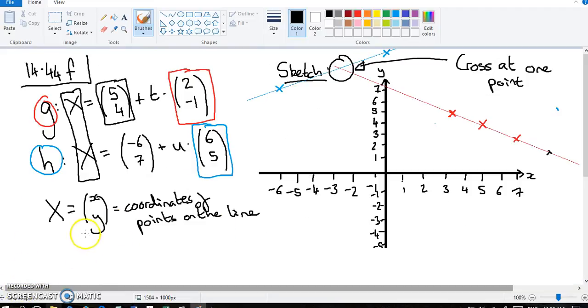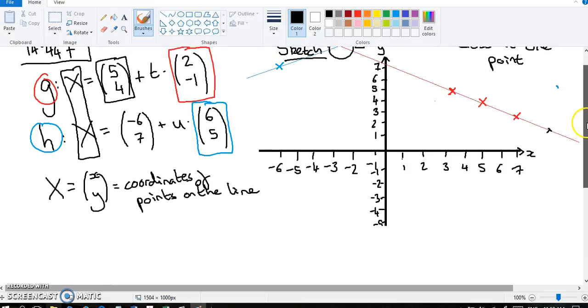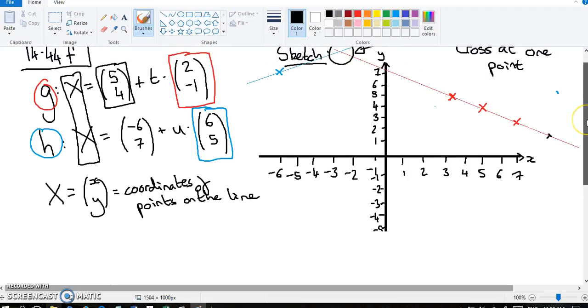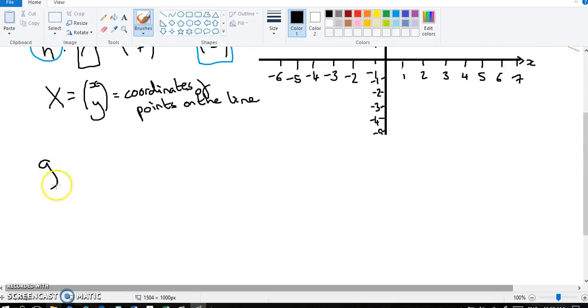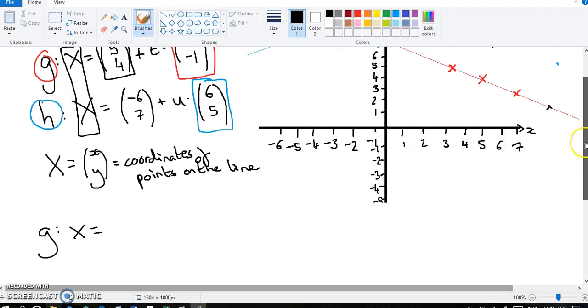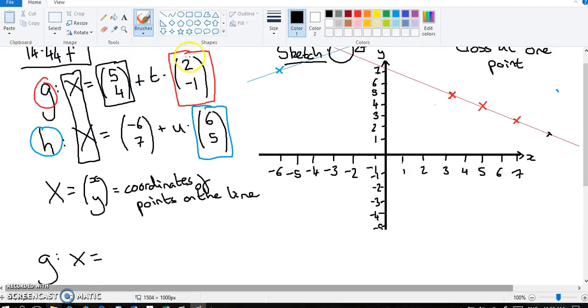So now we've determined that our two lines cross at one point, we need to find that point. And in this case, we need to treat the lines as a system of linear equations. So the line G, rather than be written as it is up here, I can multiply the t with each of the components here and add them together within the vector. So I get the line G is actually 5 plus 2t as the top component, or 4 minus t as the bottom component.